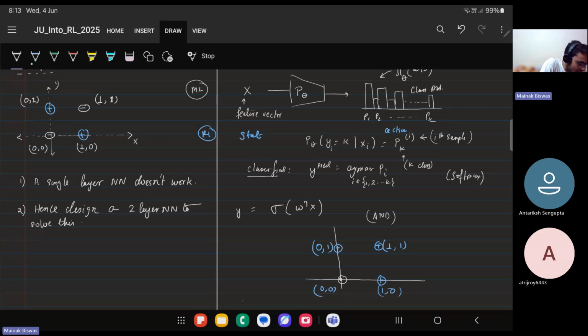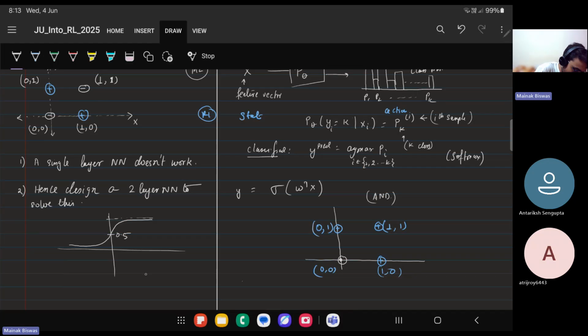We discussed last time this sigmoid function. Do you remember what this function was like? The sigmoid function was something like this, yes or no? At 0 it would be half, and at minus infinity 0, at infinity 1. Good. So do you agree W transpose X equal to 0 will be the decision boundary?